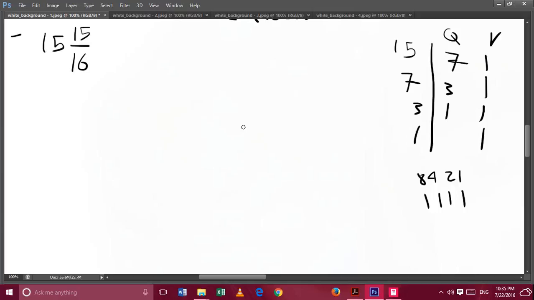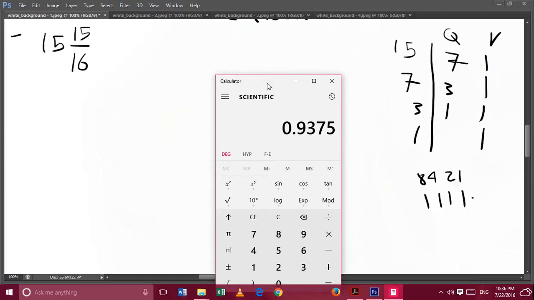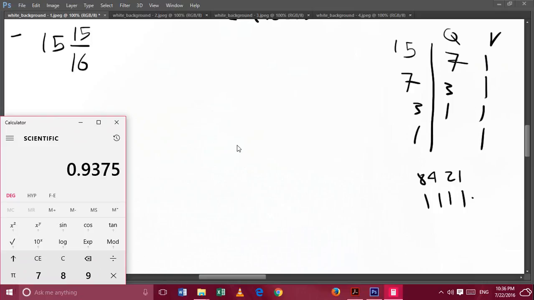So we're going to have the radix point here, and we just need to convert the fraction. So let's figure out in decimal what 15 over 16 is. So 15 over 16 equals, now I don't want you to be intimidated, because this looks like a huge number, but don't worry.